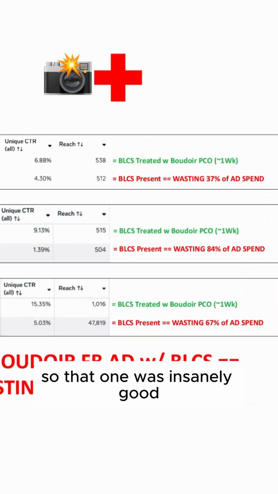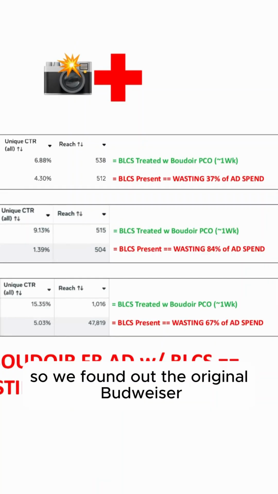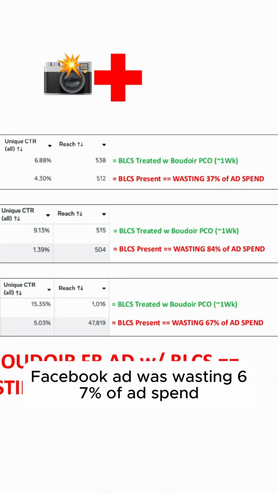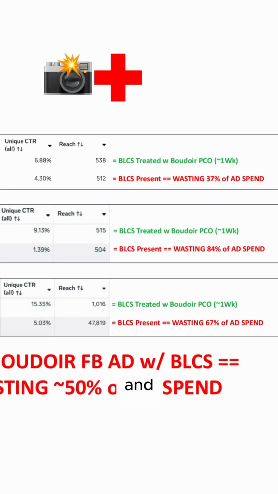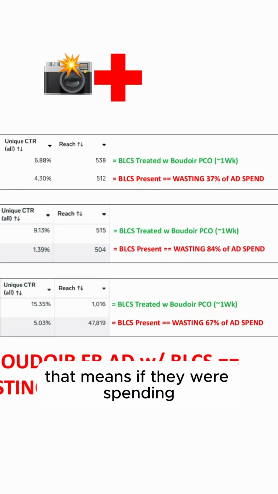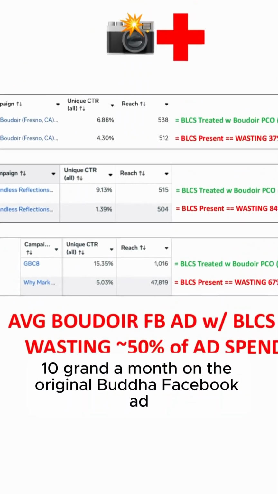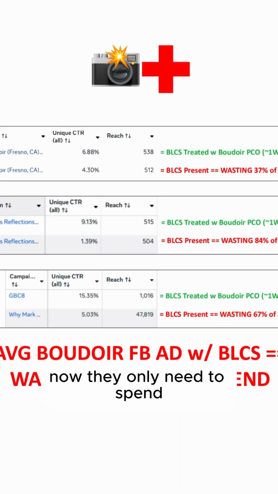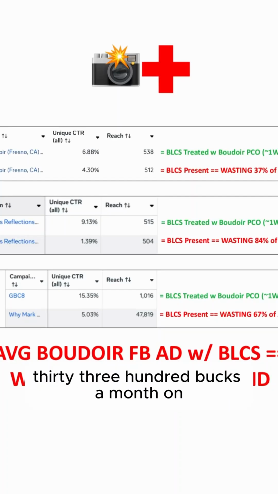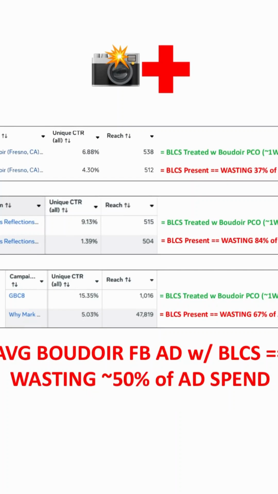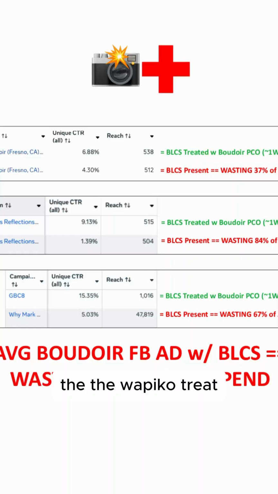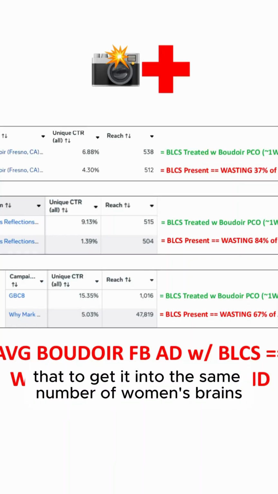So that one was insanely good. So we found out the original boudoir Facebook ad was wasting 67% of ad spend. And that means if they're spending 10 grand a month on the original boudoir Facebook ad, now they only need to spend $3,300 a month on the boudoir Pico treated ad to get it into the same number of women's brains.